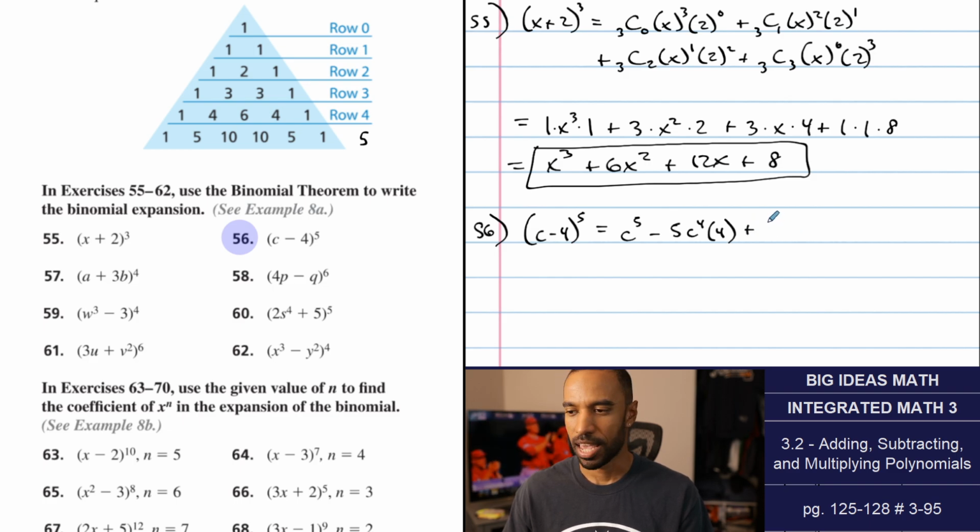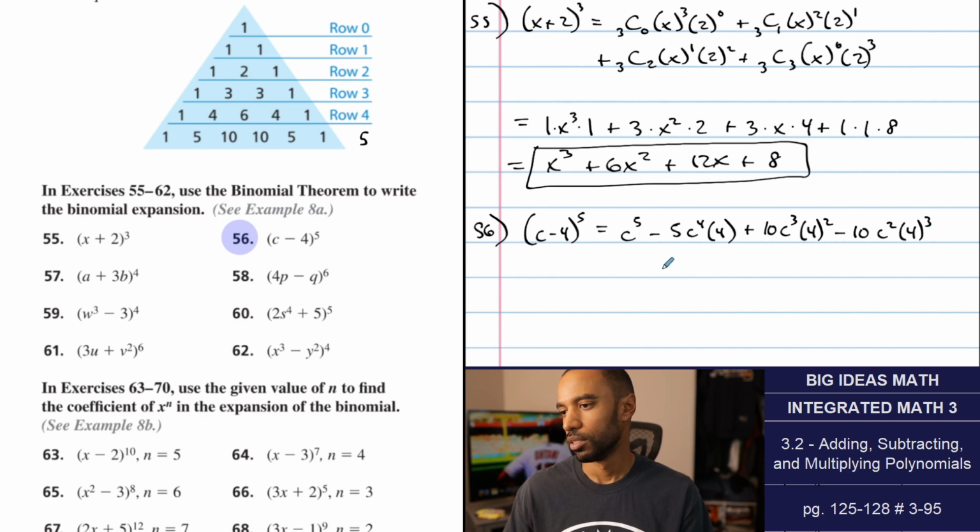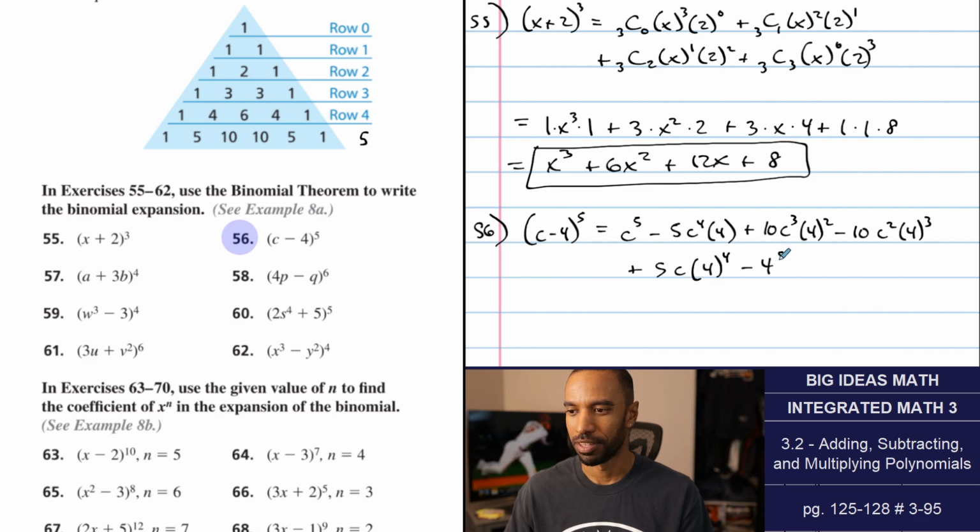Plus 10 times c to the 3rd times 4 squared. Minus 10 times c squared times 4 cubed. Plus 5 times c to the 1st times 4 to the 4th. Minus 1, or minus 4 to the 5th.